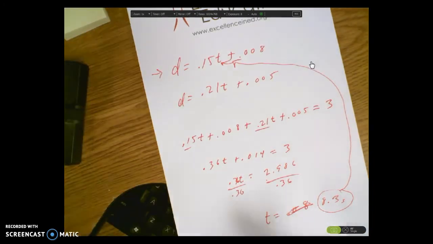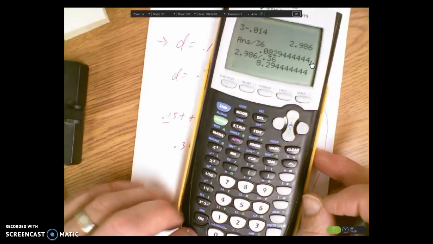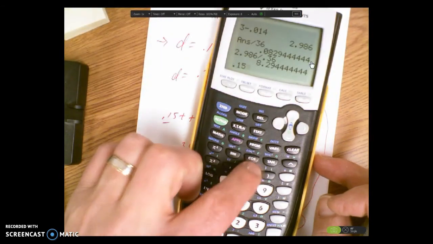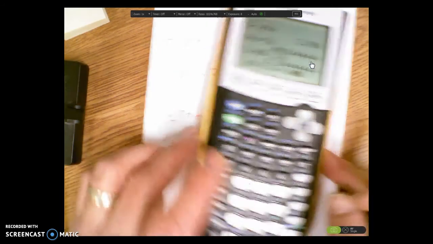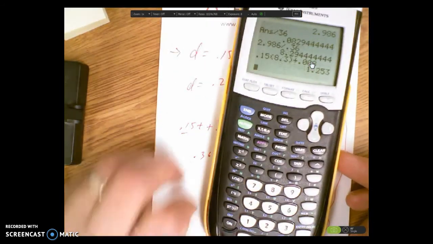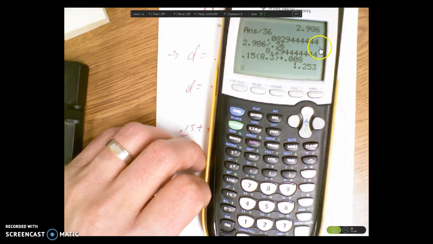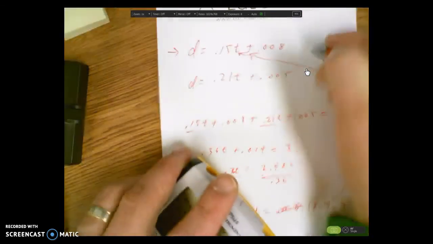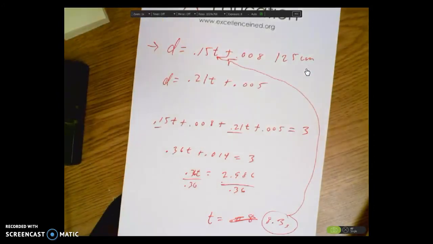So if I did that quickly with my calculator, all right, so I can slide this over. So we had 0.15 times 8.3 plus 0.008. And that's going to give me 1.25 meters. All right, so 125 centimeters. I know that my train is going to travel that far before it collides with the other train.